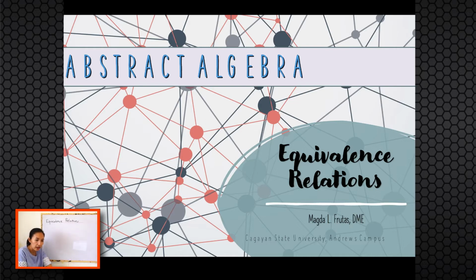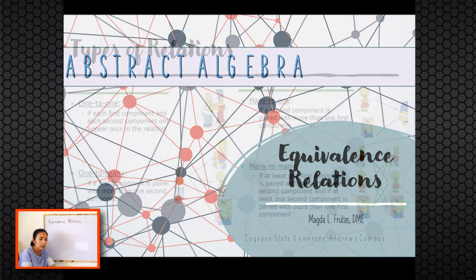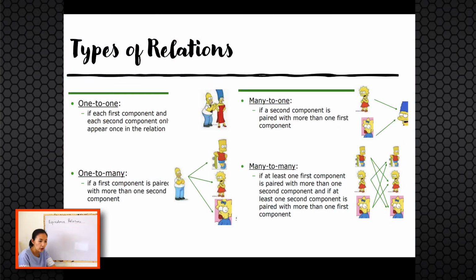This afternoon we will focus our attention on equivalence relations. Now let's begin by recalling the different types of relations. There are several types of relations: one-to-one, one-to-many, many-to-one, and many-to-many.